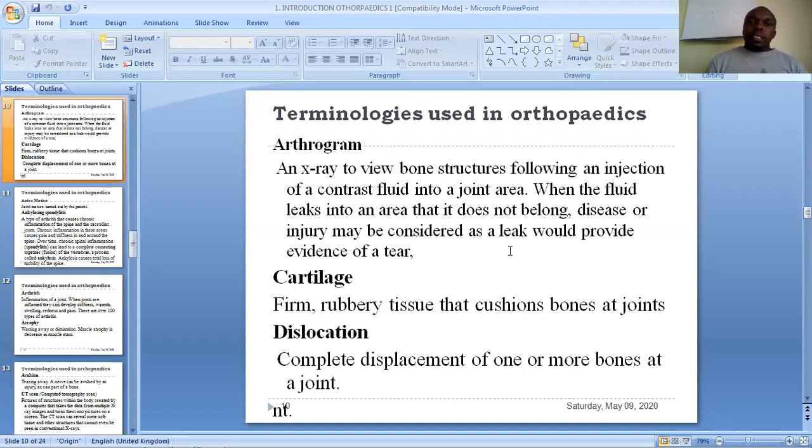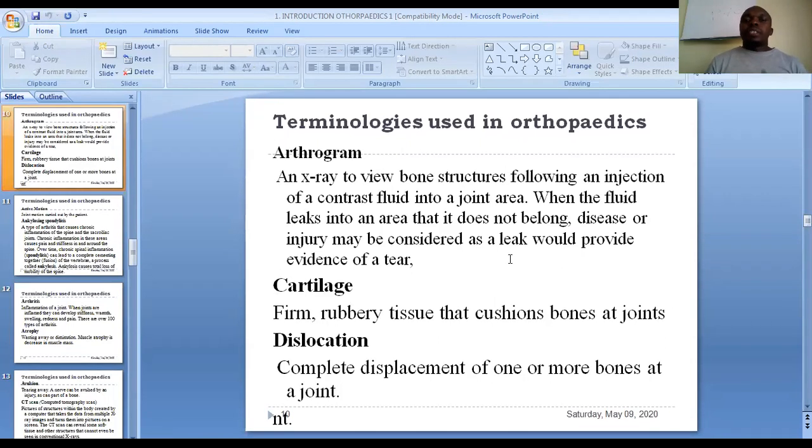How about arthrogram? This is simply an X-ray to view the bone structures following an injection of a contrast fluid into a joint area. So when the fluid leaks into an area that it does not belong, disease or injury may be considered, as a leak would provide evidence of it.